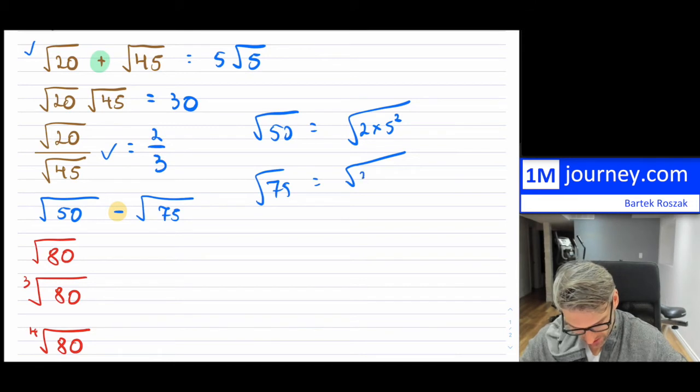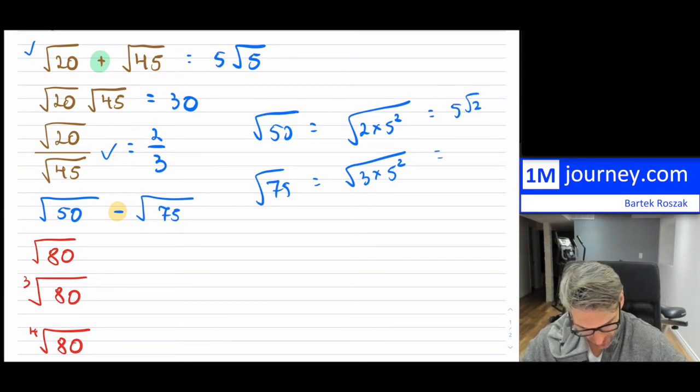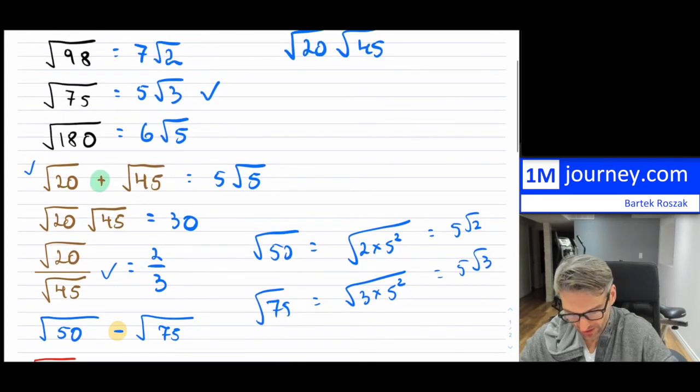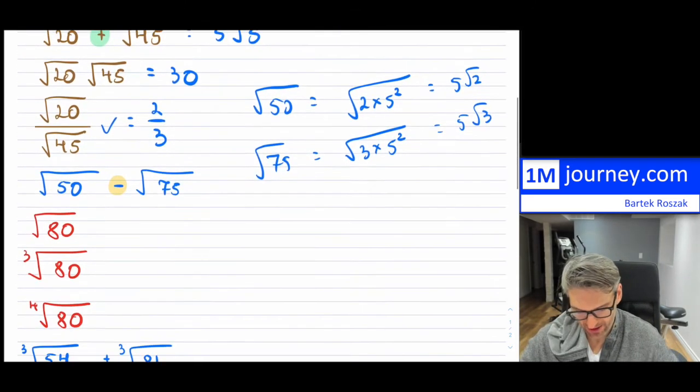So this really is just 3 times 5 squared. Notice that now what you're going to get is this is going to be 5 square root of 2, and this is going to be 5 square root of 3, all right? And that agrees with that as well.